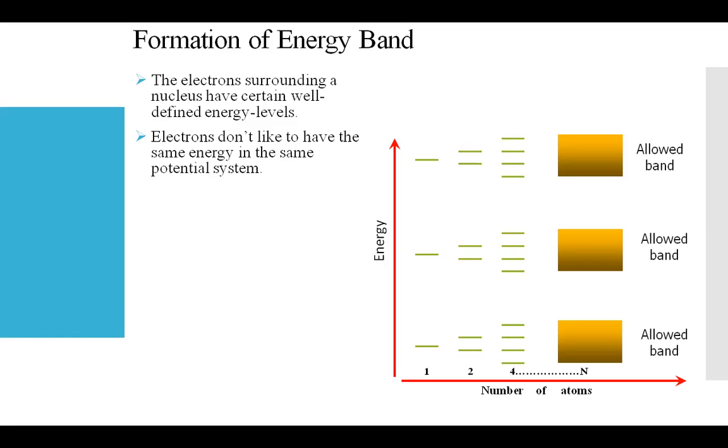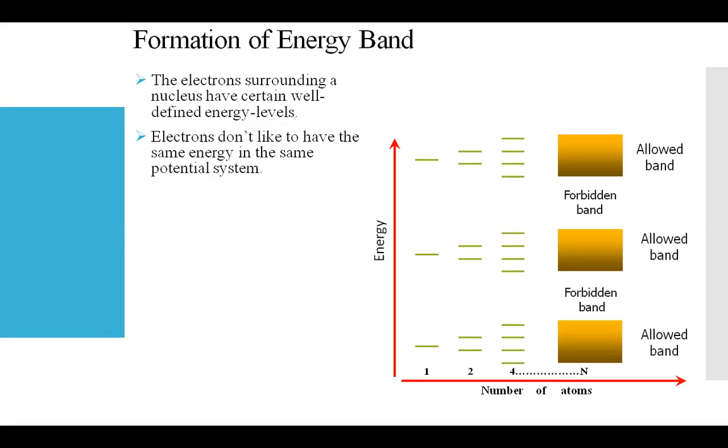So all these things allow us to draw the energy levels, whatever the energy levels are for the number of atoms, n, the number of atoms in that system, whether the system we are using is a semiconductor, insulator, or conductor.